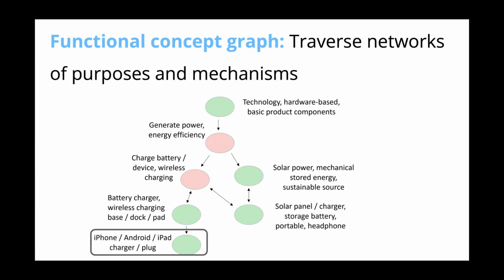For example, say you are an engineer or designer developing smartphone chargers, and you're looking for inspirations. You could traverse this automatically constructed graph and land in areas you had not considered before, inspiring you to explore mechanisms, for example, of solar power and mechanical stored energy for smartphone charging.